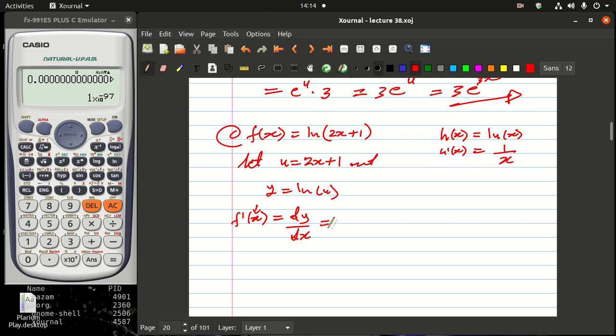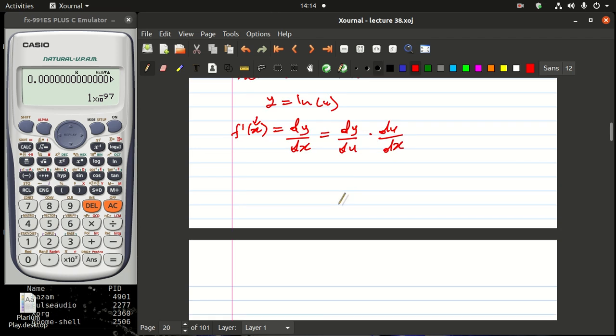But if you look carefully, my y is not in terms of x, it is in terms of u. So this is going to be dy du times du dx. We are using the chain rule there. And then once you have this, you can see that we will end up having d du, and my y, we know that it is ln u.